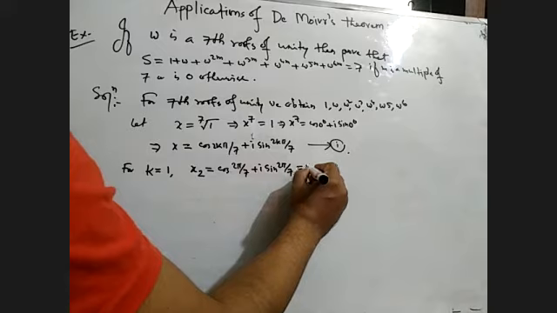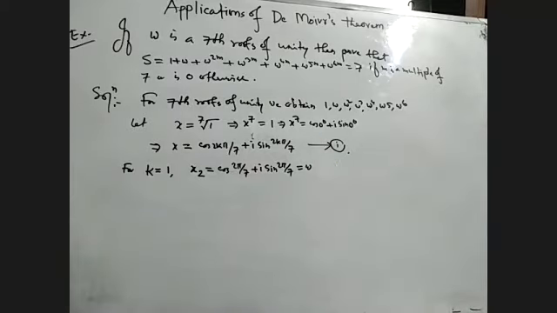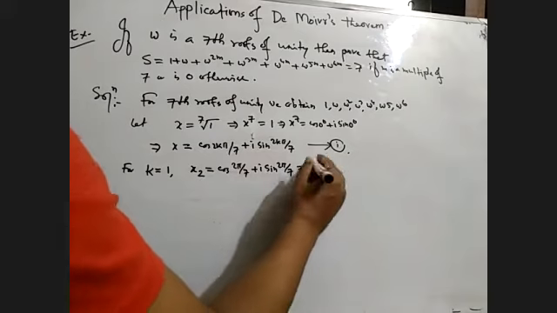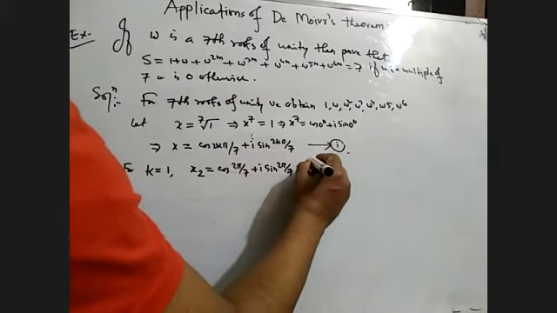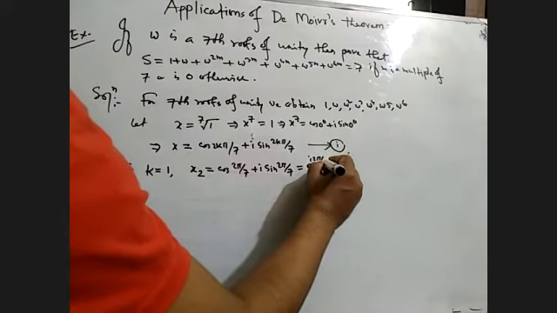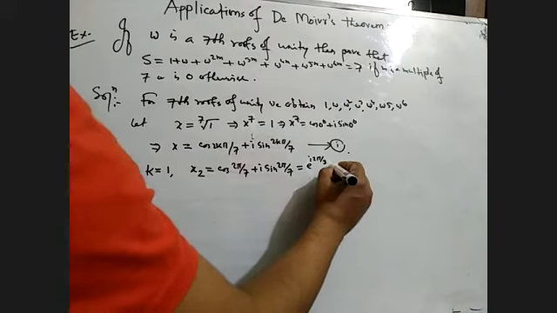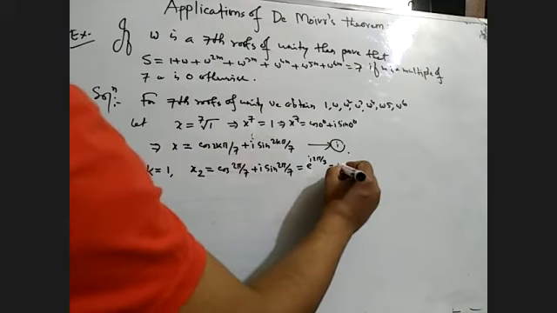And this will be what? Omega. Because this can be written in exponential form as e to the power i twice pi by 7. This equals omega.